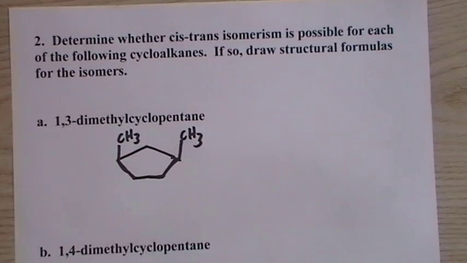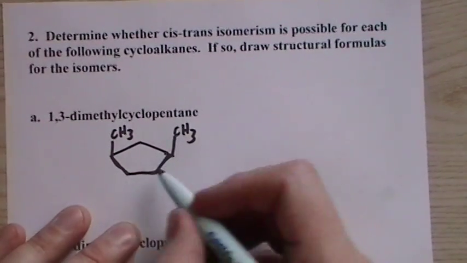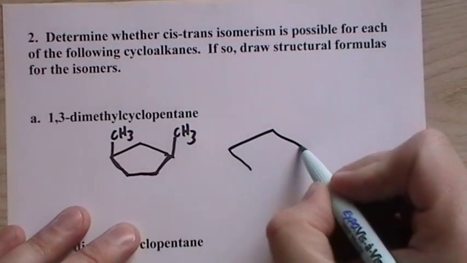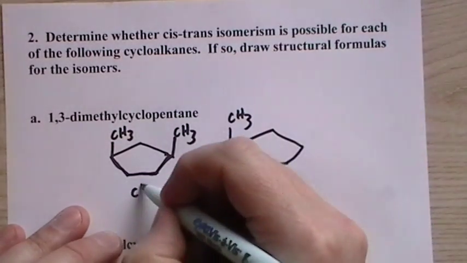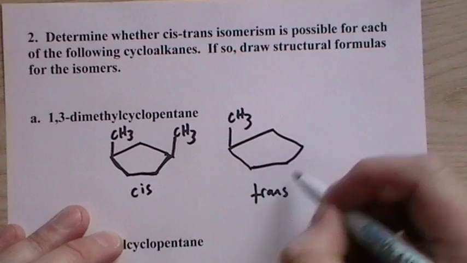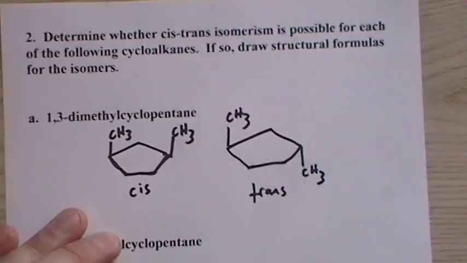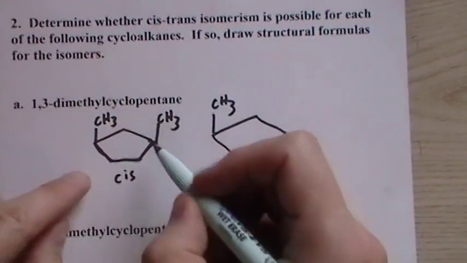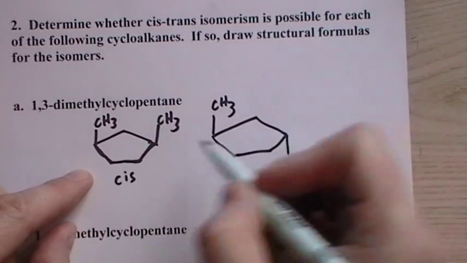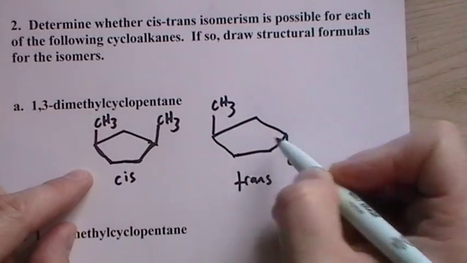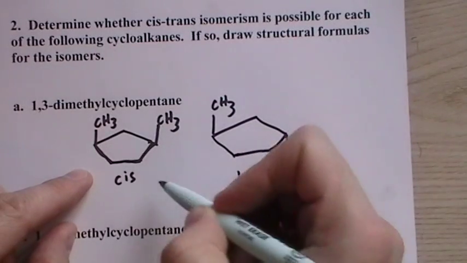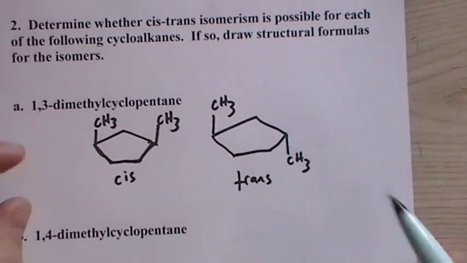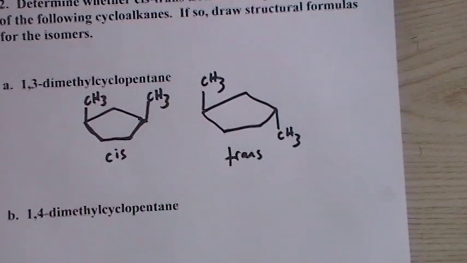So we can see that we can either have this, which is cis, and then this is trans. We have them across. Now, the big thing here is there's no way of tilting or twisting or rotating this molecule to make it look like this one. The only way to get this group down to look like this is to break the bonds, to break the ring.